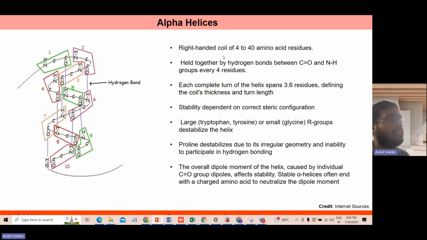This is the right-handed coil of 4 to 40 amino acid residues, held together by hydrogen bonds between CO and NH groups after every 4 residues. Each complete turn of the helix spans 3.6 residues, which defines the coil's thickness and turn length.